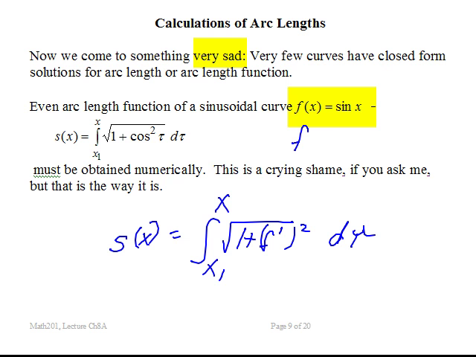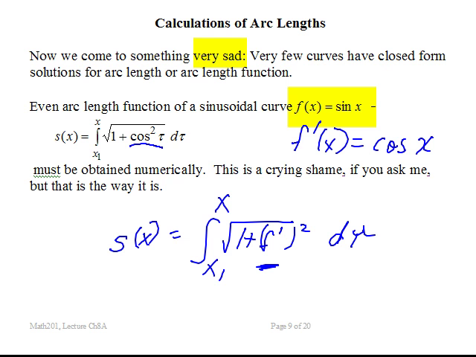So here's f of x. You need f prime of x, which in this case is cosine of x. And in the expression, you have f prime squared. So here you see the cosine squared. And this integral, the square root of 1 plus cosine squared, does not have a closed form solution. The solution must be obtained numerically.